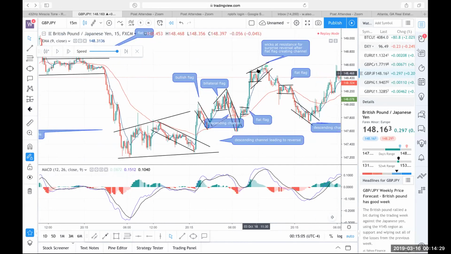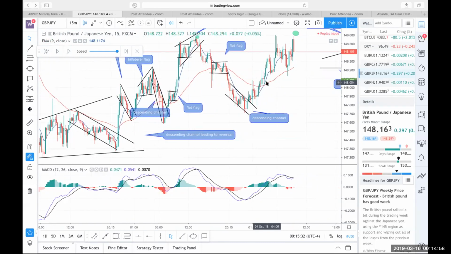This one I stated to be flexible with your expectations. Oh, because it didn't do what you were expecting. Right. I had wicks at resistance for a surprise reversal after a flat flag, creating a channel overall. You see that? What he's saying is it started out as a flat flag, but then a pattern can change. It turned into an ascending channel. Awesome. Okay.